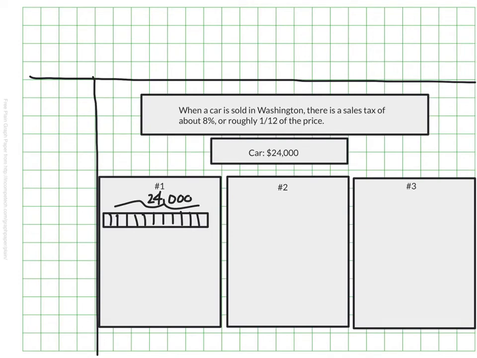So my first method has my tape diagram, and I've broken it up into 12 sections because I'm looking to figure out that 1/12 of the price that I can add on. And I'll just go ahead and tell you that when we divide this into 12 proportional sections, each one of these will be 2,000. But since I'm actually having a tax, I'm adding it on.